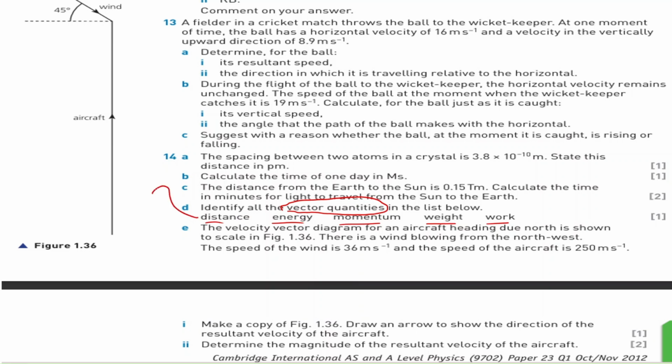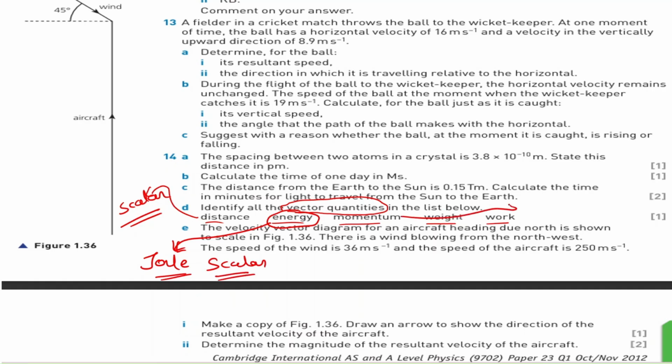Let's go step by step. First one is distance. I mentioned in my previous video that distance is a scalar quantity. Energy has the unit joule, and which is also a scalar.